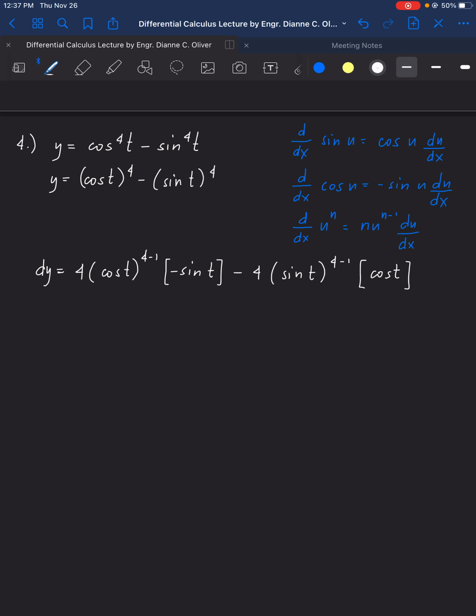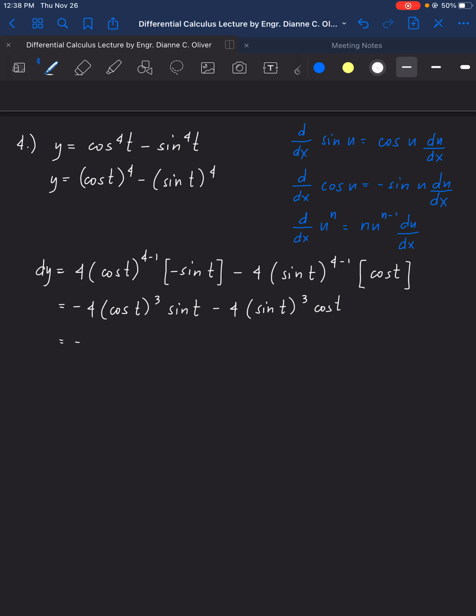Okay? Then, let's simplify. This is actually negative 4 cosine t raised to 3 sine t minus 4 sine t raised to 3 then cosine t.